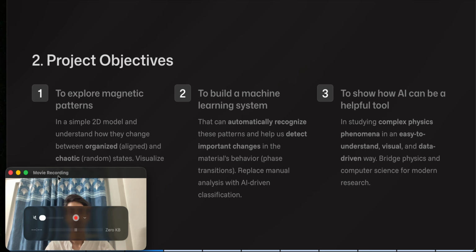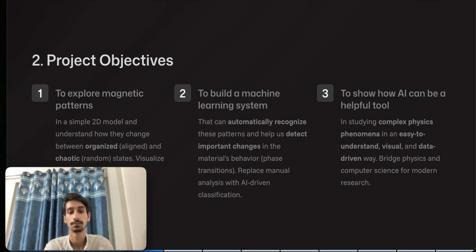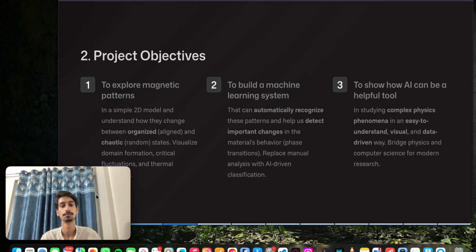AI spots hidden patterns, detects the critical temperature, approximately 2.27, which matches the theoretical value of approximately 2.269, and enables modern research, simplifying problems, visualizing invisible effects, and discovering laws from data only.